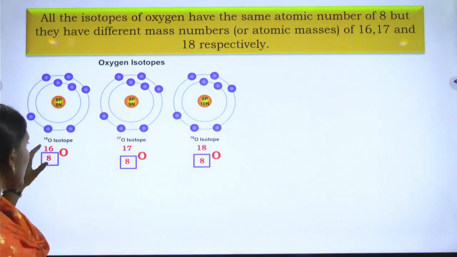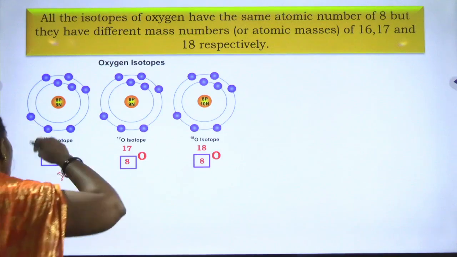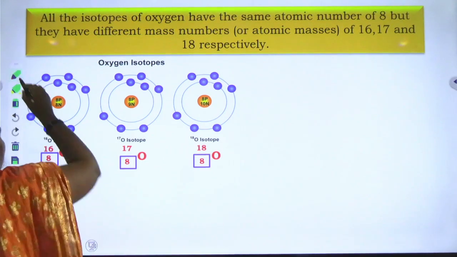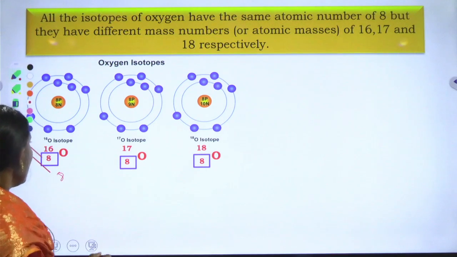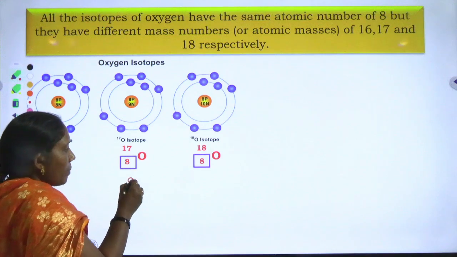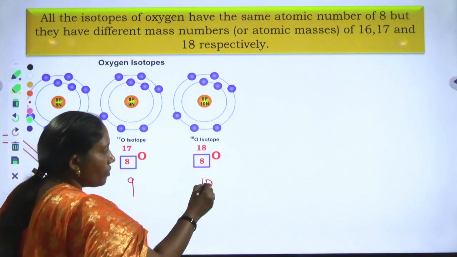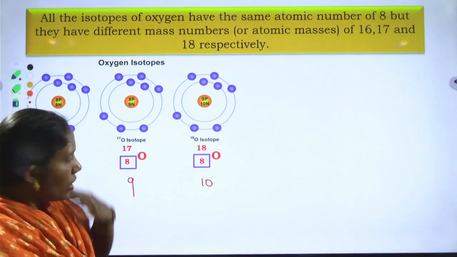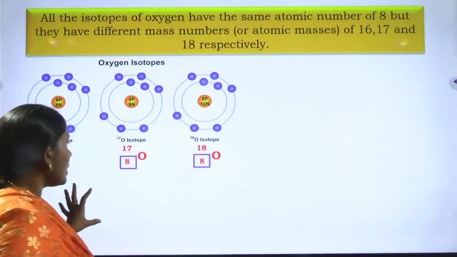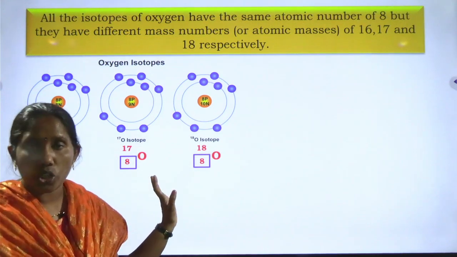So the number of neutrons is 16 minus 8, here the number of neutrons is 8. Here 17 minus 8, the number of neutrons is 9. And here 18 minus 8, the number of neutrons is 10. So, 8, 9, 10. The numbers of neutrons differ from each other. So, these are said to be isotopes of each other.